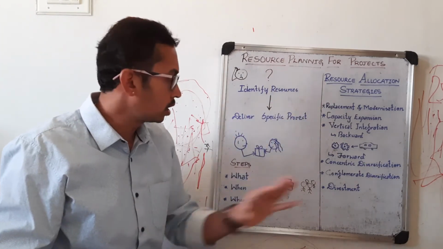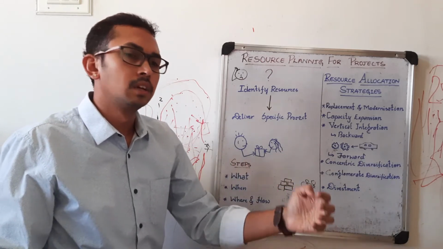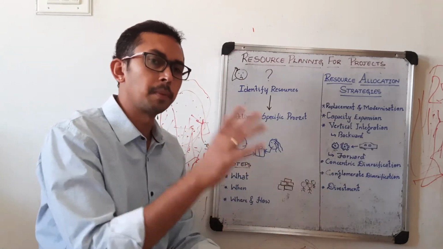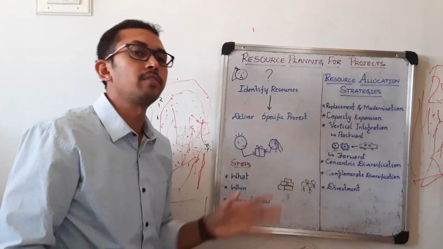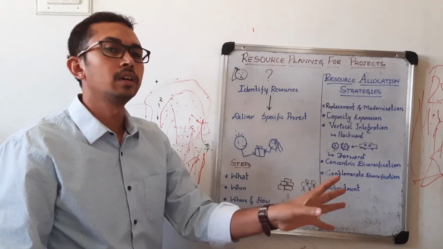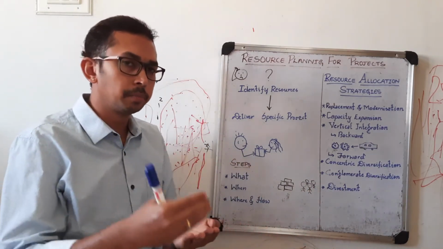Yes or no? If the company chooses some particular raw material and starts their own company to manufacture that raw material, so that we are going to call as what? Backward integration. Let me repeat once again.